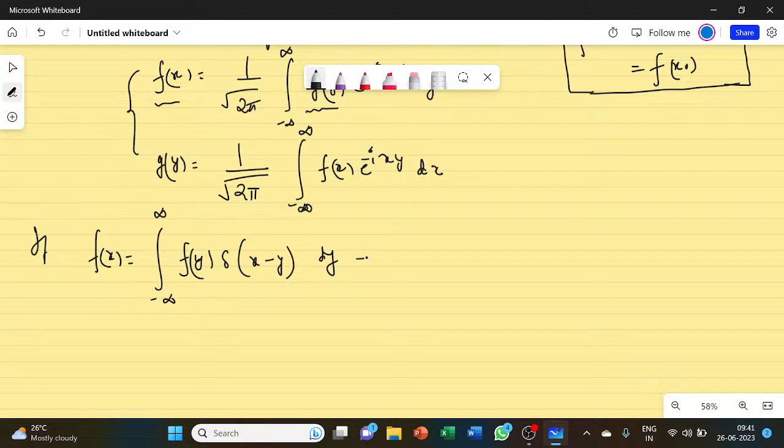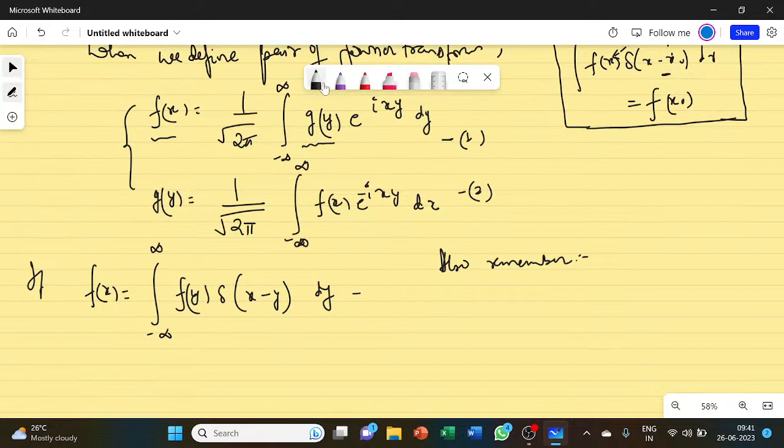This is one. Let's say this is your equation number 1, and this is your equation number 2. So what I can use instead of g of y is this also.